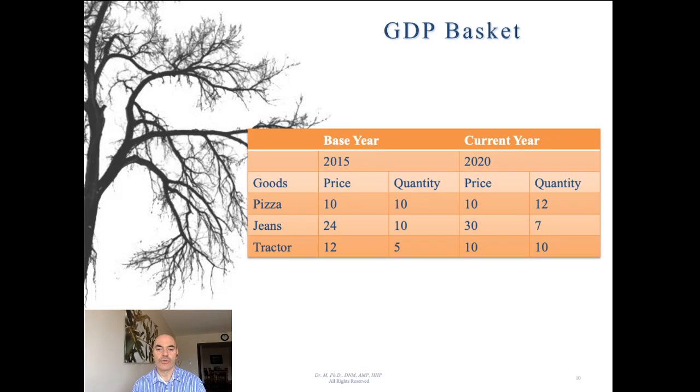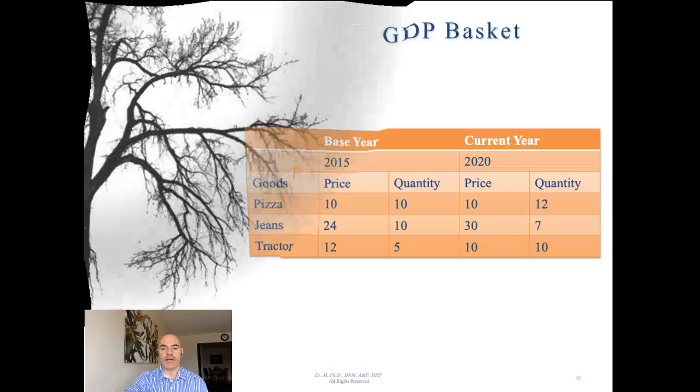But in 2020, prices have changed for jeans and for tractor, and quantity adjusted as well due to different market conditions. So what I want you to do is to look at this table very carefully and maybe take a screenshot or somehow have those numbers in front of you as we move to the next slide.